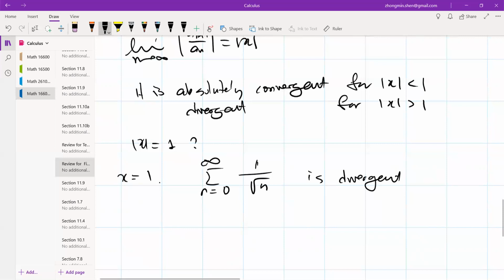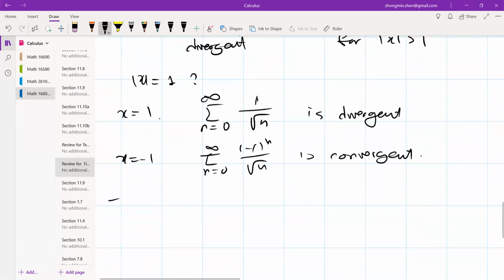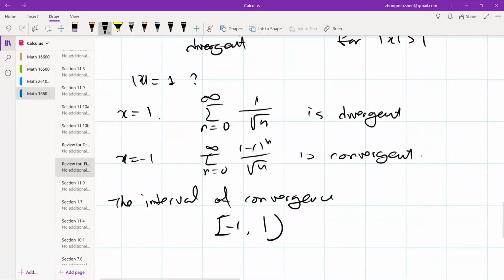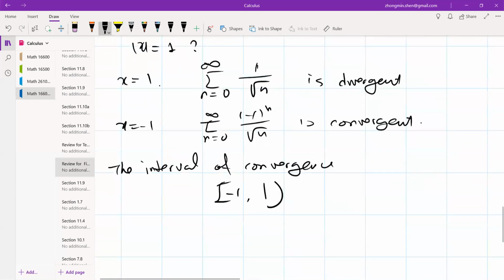You know why. When x equals negative 1, you get this, which is convergent. So that means the interval of convergence includes the left endpoint. It does not include the right endpoint.